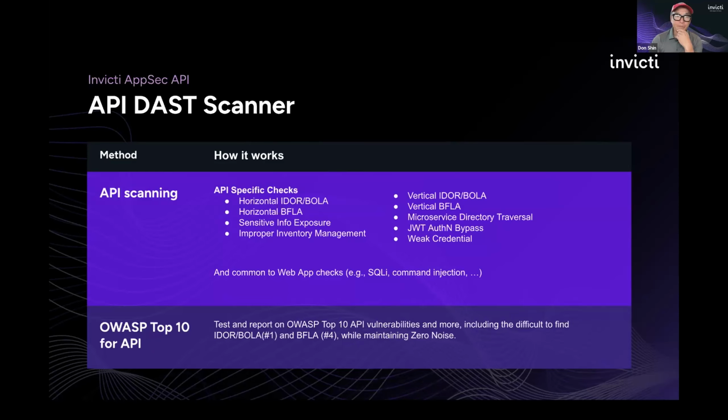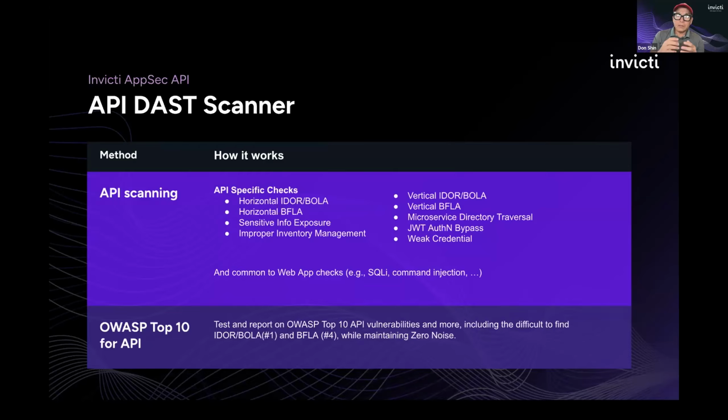Then, because of the nature of APIs, some other checks we're doing look for sensitive data like PII, or data that is being sent without authentication, which is another big problem with APIs: weak authentication practices.